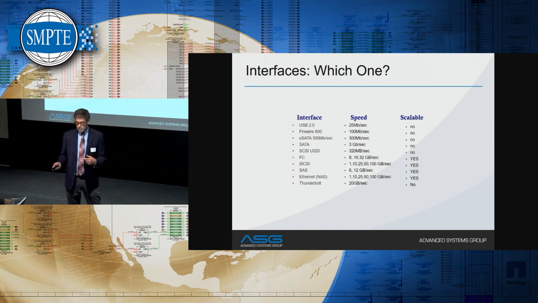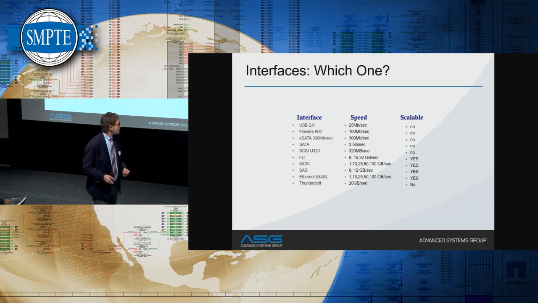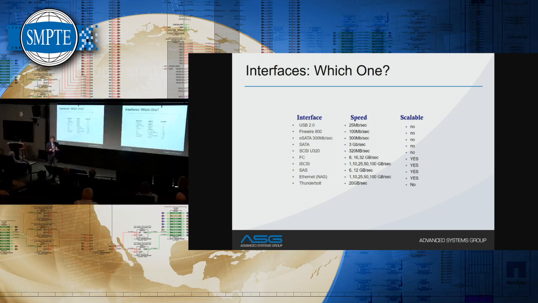Fiber Channel, which, by the way, uses the SCSI protocol. iSCSI, which, by the way, uses the SCSI protocol, just in case anybody felt you needed to invent something new. Ethernet in all of its various forms today, and Thunderbolt, which is going through various forms. Right now it's 20 gigabits a second each way.